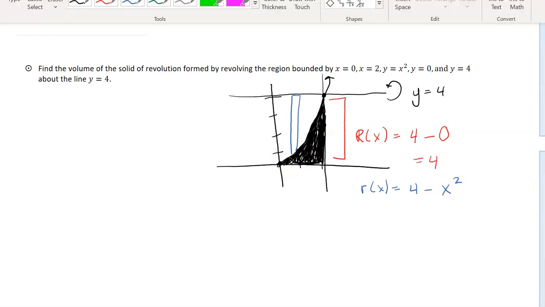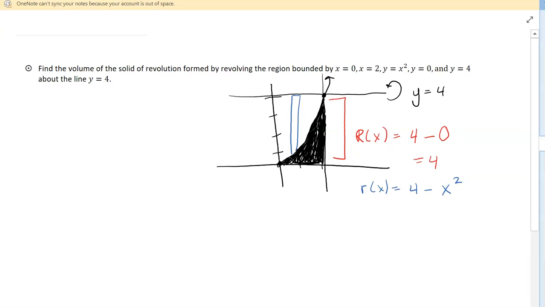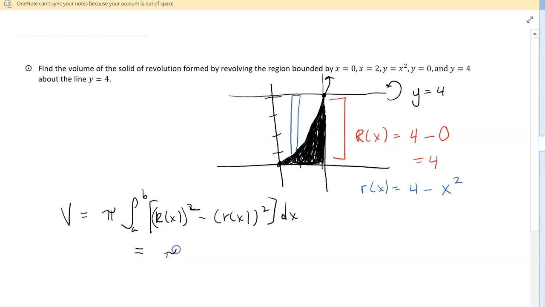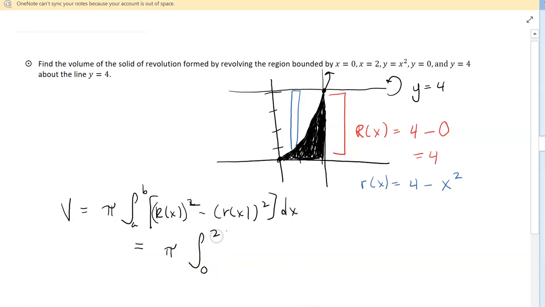So now when I go to find the integral, which is going to give me my volume, I'm going to use that same formula for the washer method. V equals pi times the integral from a to b of capital R of x squared minus little r of x squared, which will be pi times the integral from, in this case, x equals 0 to x equals 2 of 4 squared minus (4 minus x squared) squared.